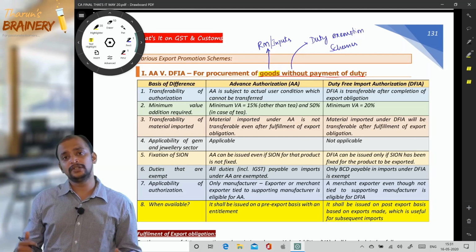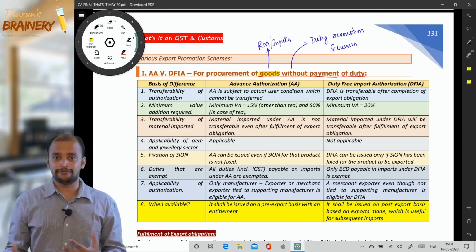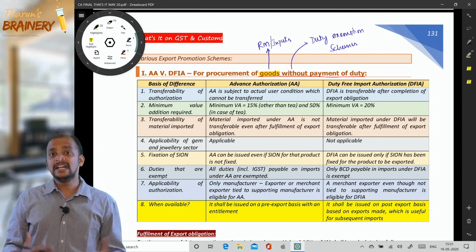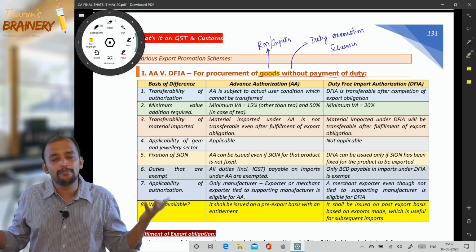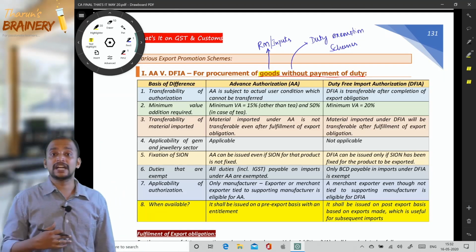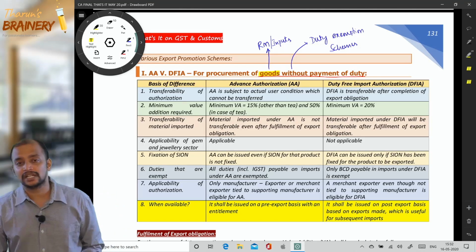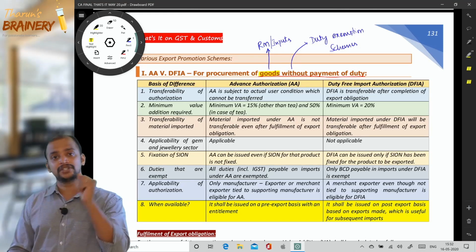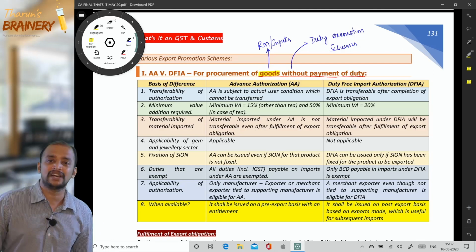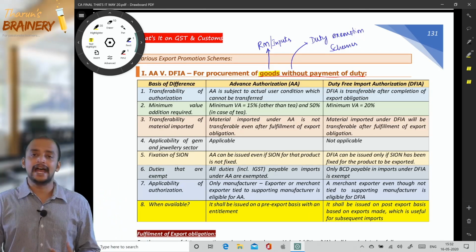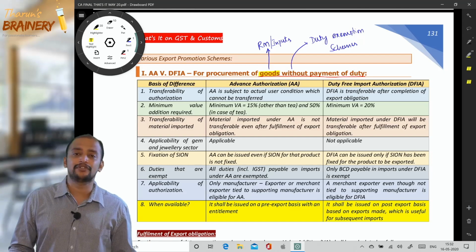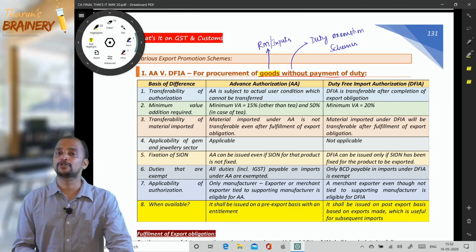And now, if you export just equal to whatever you have imported, then it is no benefit for me. So therefore you should achieve a value addition. The export obligation is with value addition, not that you import and export to the same value. Something more should be brought into the economy, and that value addition condition is there for advance authorization as well as duty-free import authorization.